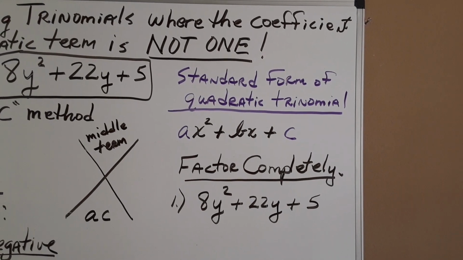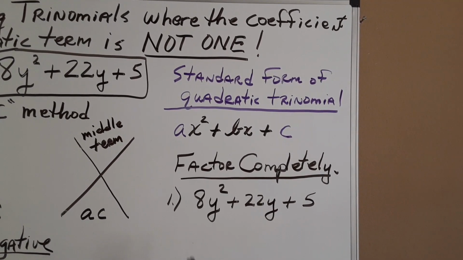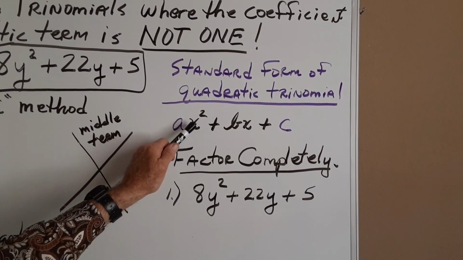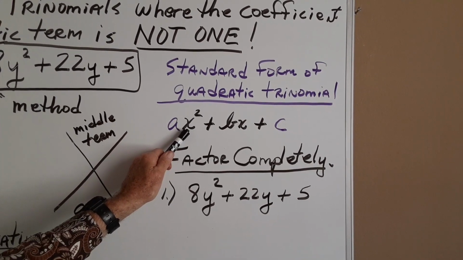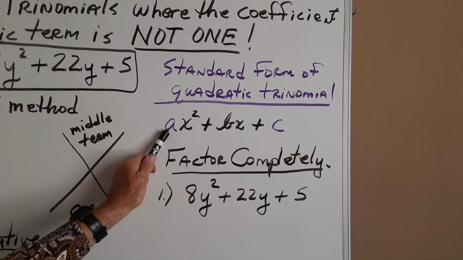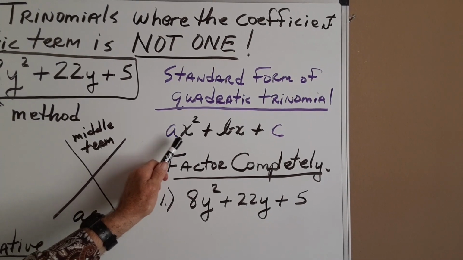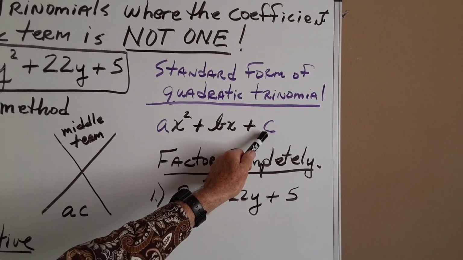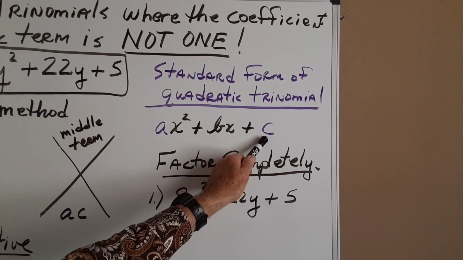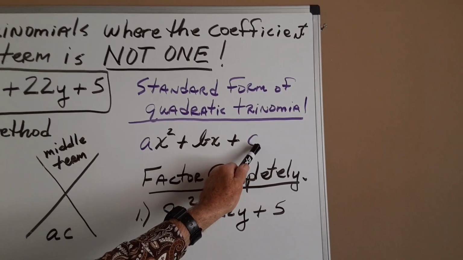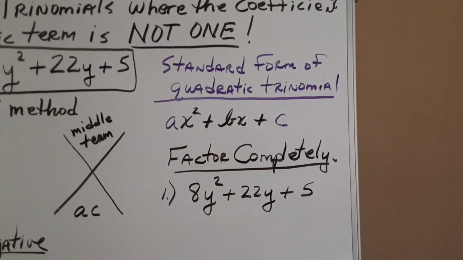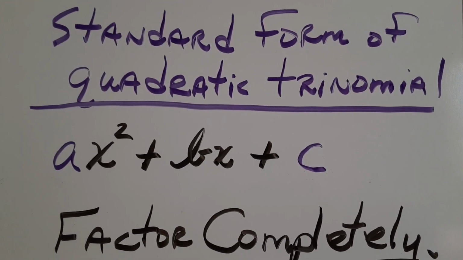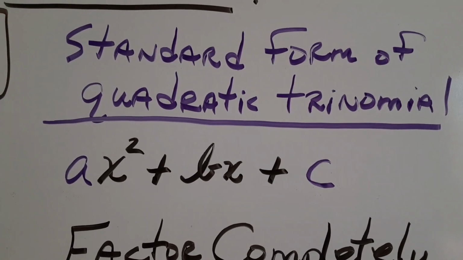Now, it might be hard from your home to see that I colorized the coefficient of x squared, a, in purple, and also the last term, which we ordinarily call the constant term, the c. That's in part where the AC method is going to be used.